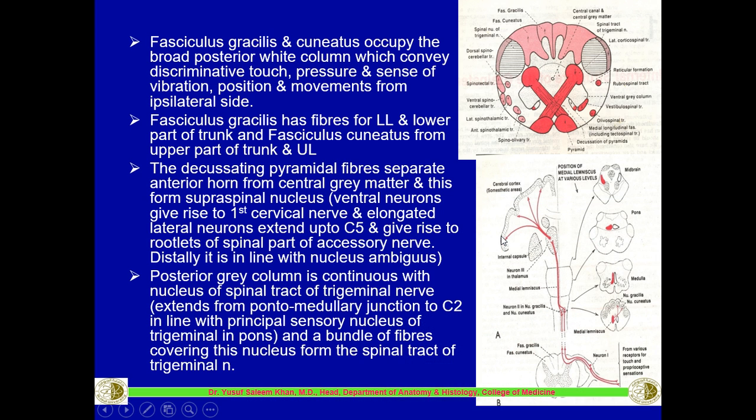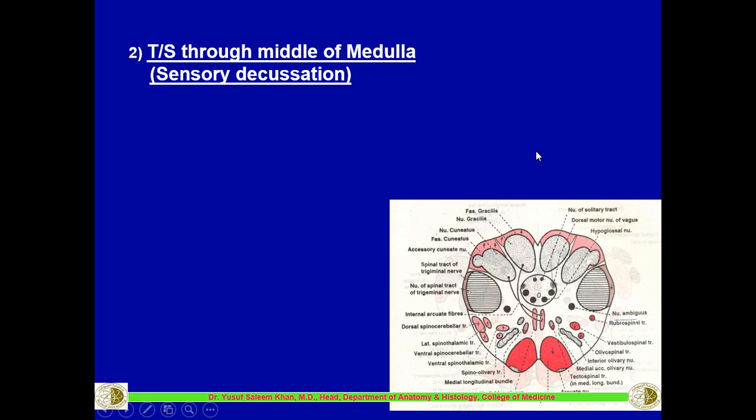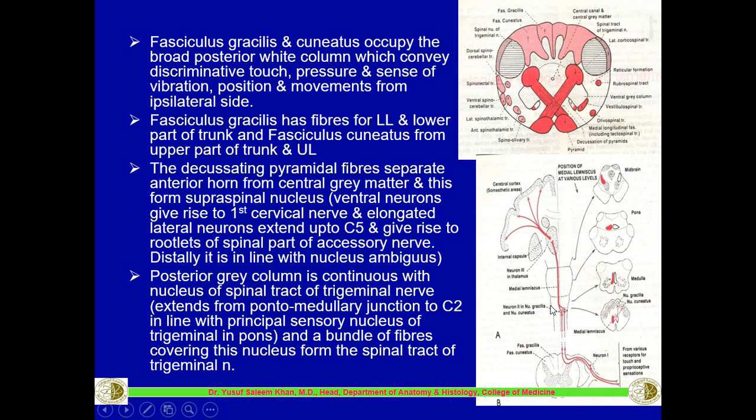In the previous region, we had seen the fasciculus gracilis as well as cuneatus bigger, larger, and the nuclei smaller. The fibers are more, but here at this region they end. These fibers, this is the first order neuron, they end here in the nucleus gracilis and cuneatus. So if you take a section at this level, then you can appreciate that the nuclei are much larger.